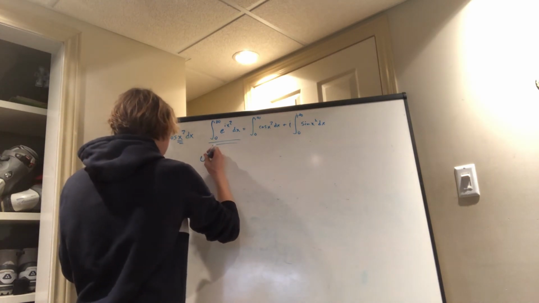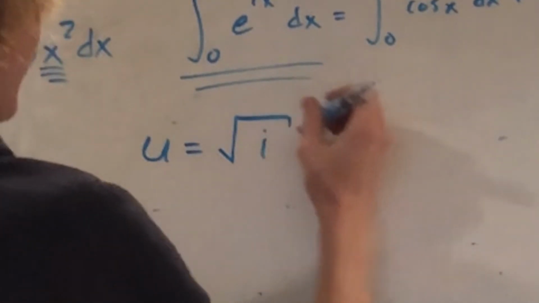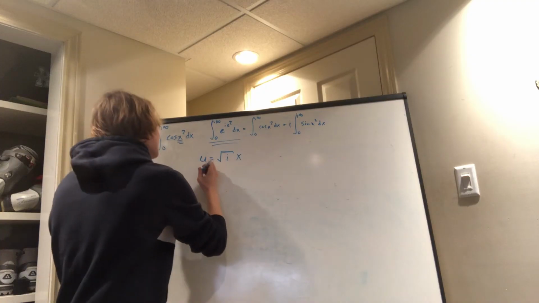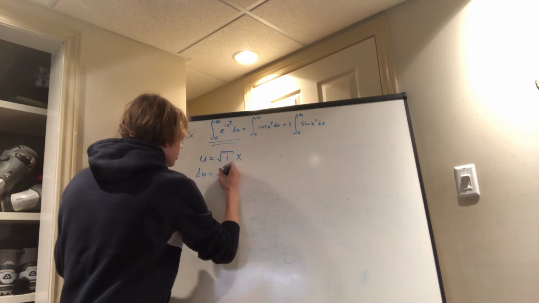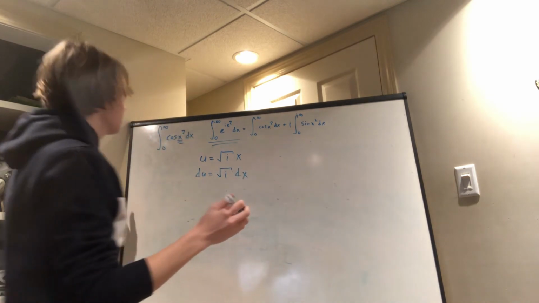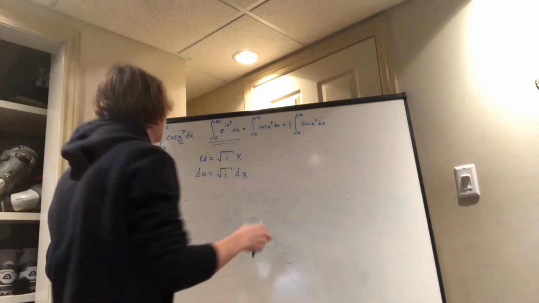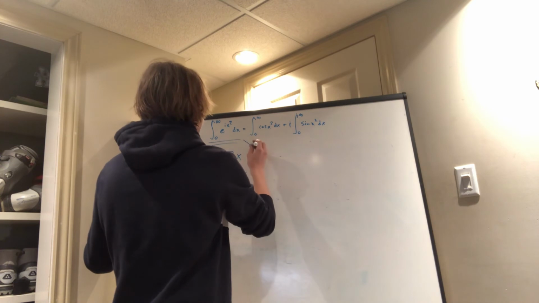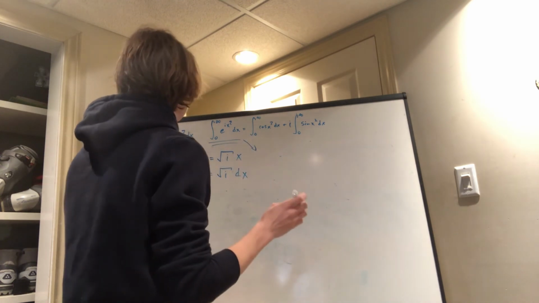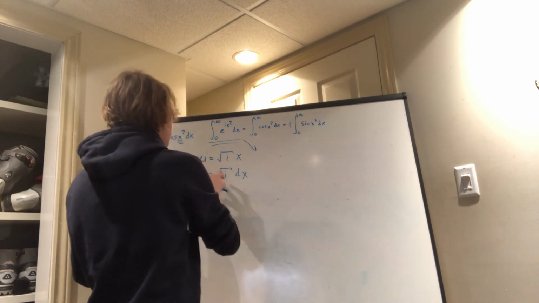We're going to set u equal to the square root of i times x. So du will equal the square root of i dx. Can you do that? I don't care. So that means dx turns to du over the square root of i.